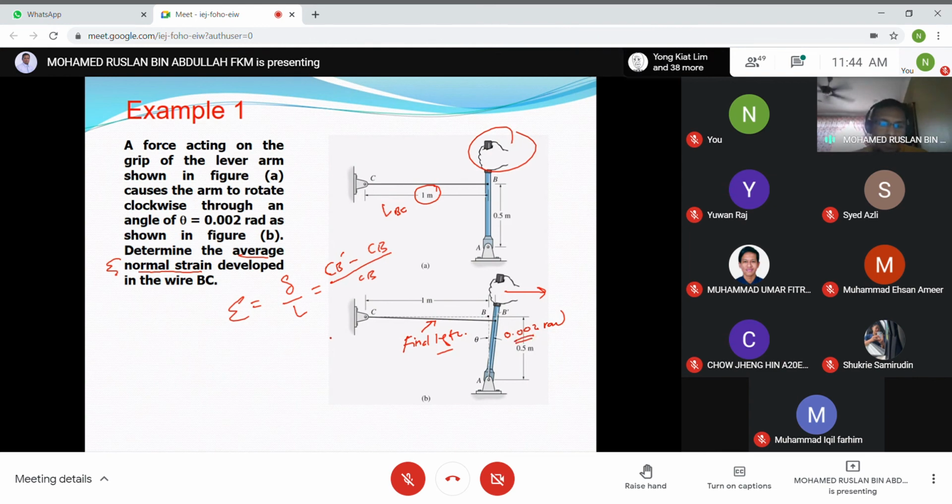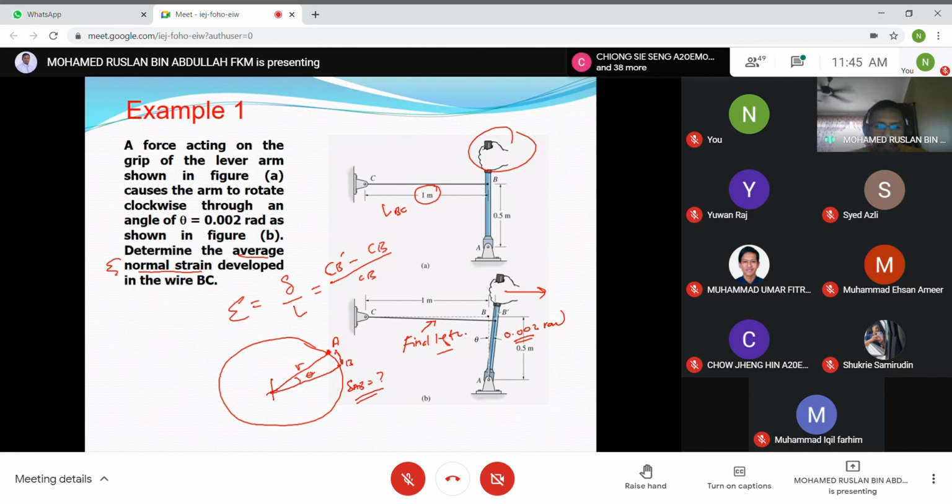Let's say we have a circle like this. Let's say this is point A and this is point B. This is the theta, this is the radius. What is the distance between point A and point B, SAB, if the angle is small?